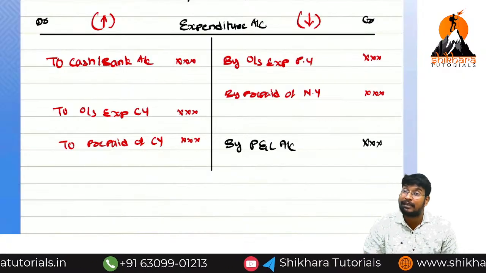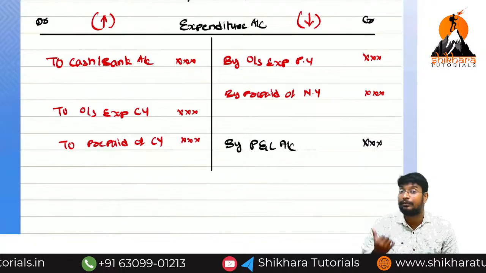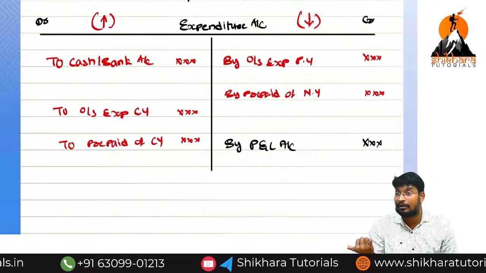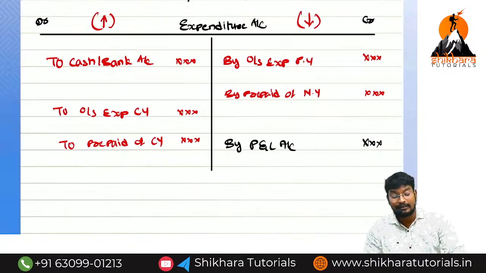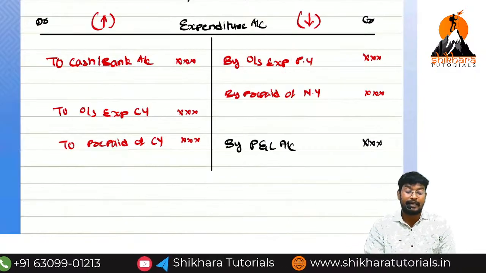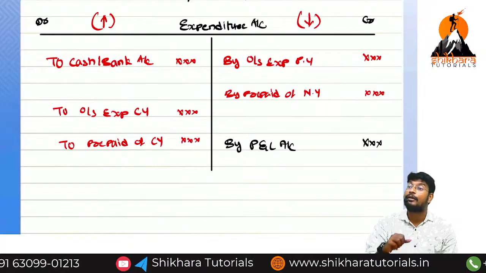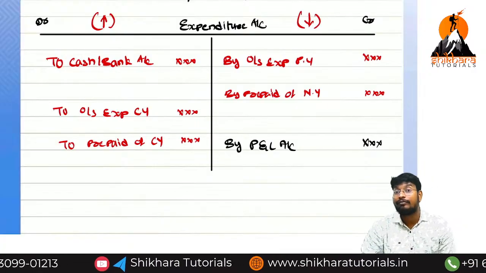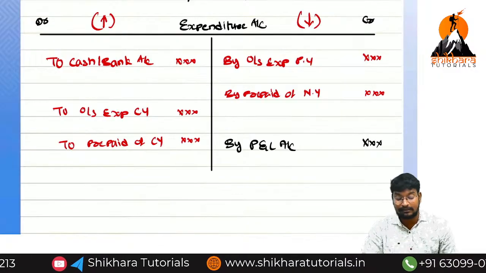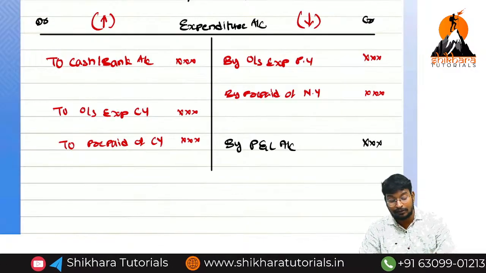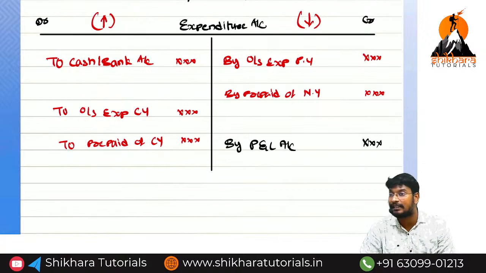The opening balance of outstanding expenses is related to the previous year, so we should not consider it, which means decrease. For that reason we record by outstanding expenses of previous year. Current year outstanding expenses we should consider, so we record to outstanding expenses current year.